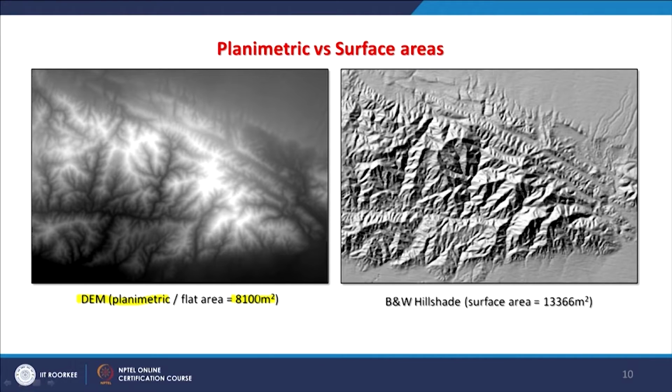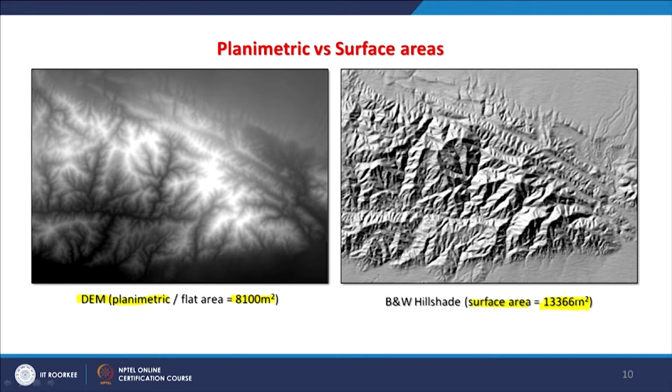But when the same area is subjected to calculations through surface area rather than planimetric area, this is much higher as compared to that one, because you know that the terrain is highly undulated and the surface area is going to be much more.